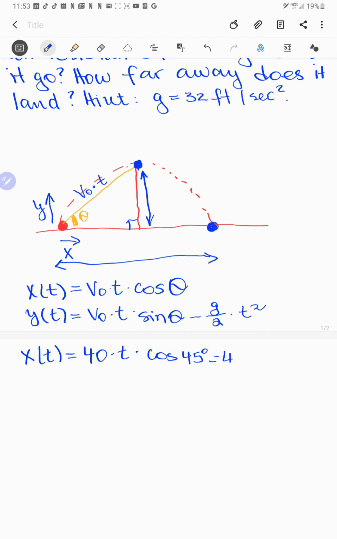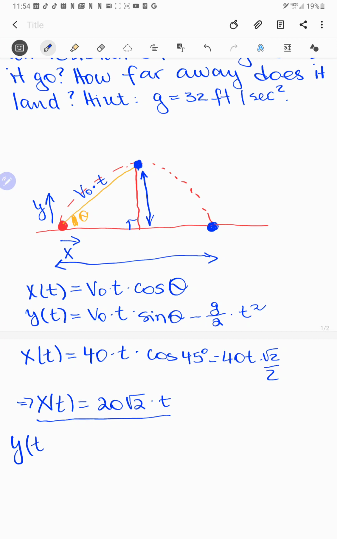So we have 40t times square root of 2 over 2, which simplifies to x of t being 20 square root of 2 times t. So this is how far we travel in the x direction.